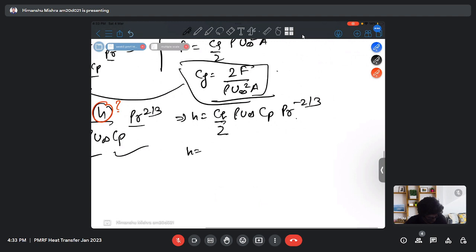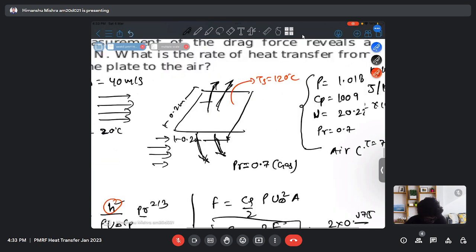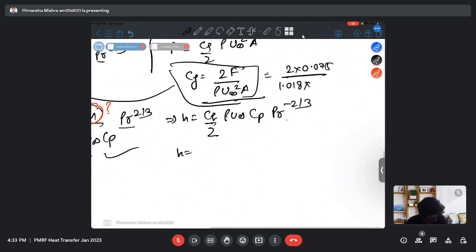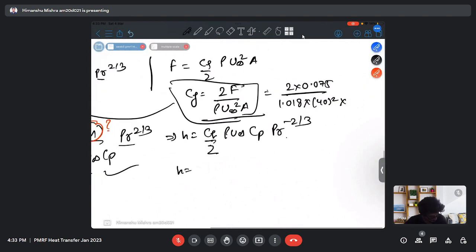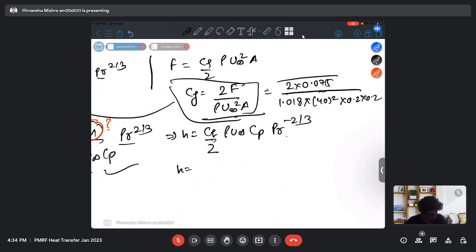So Cf can be calculated from the above expression, where the drag force is 0.075, density is 1.018, the velocity is given as 40, and my cross-sectional area is 0.2 by 0.2. Using this expression, my Cf will be 5.74 times 10 to the power minus 4.